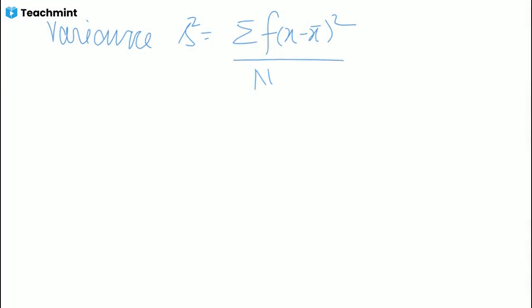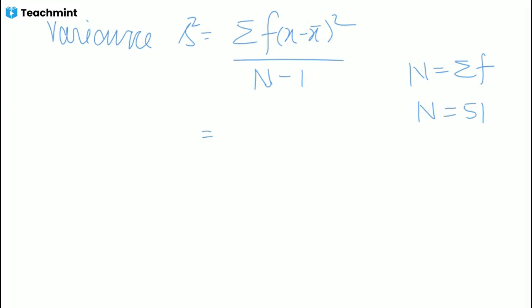Variance s square is equal to summation f into x minus x bar whole square over n minus 1, and here n is equal to summation f, which is 51. So now put the values.